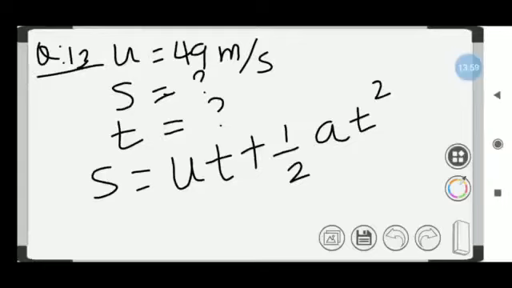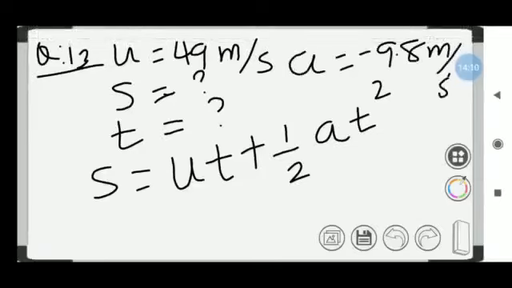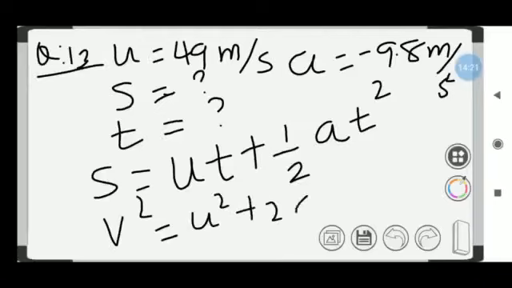When you are throwing upwards, the a value is minus 9.8 meter per second square, and the t value we don't know, right? So we can use the equation v square equal to u square plus 2as.